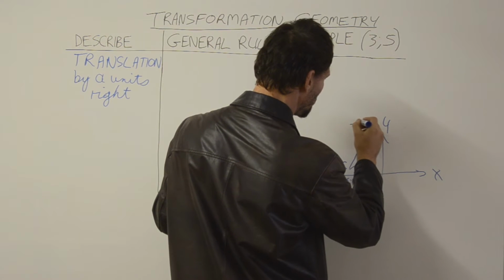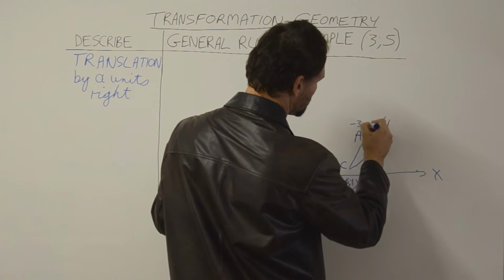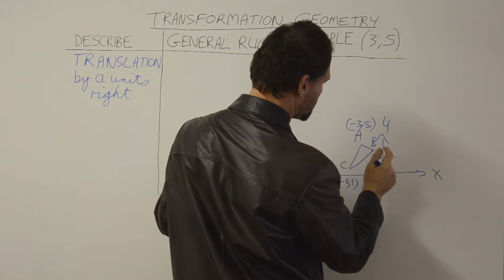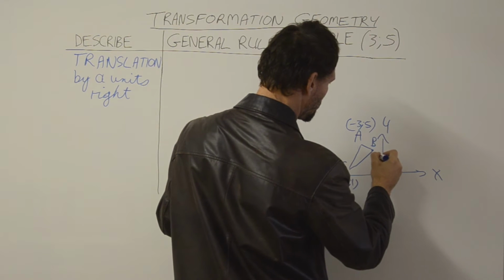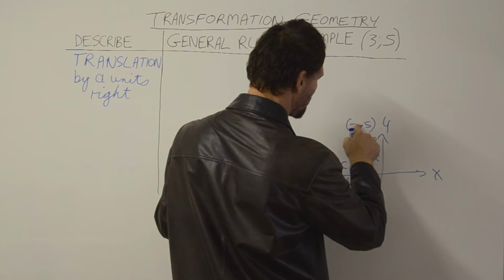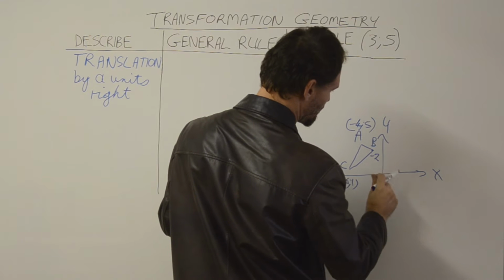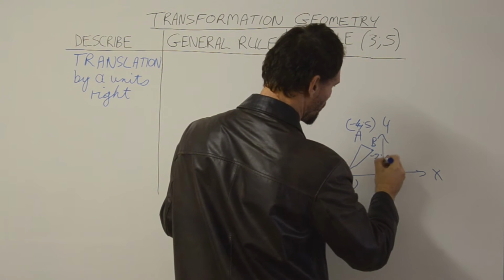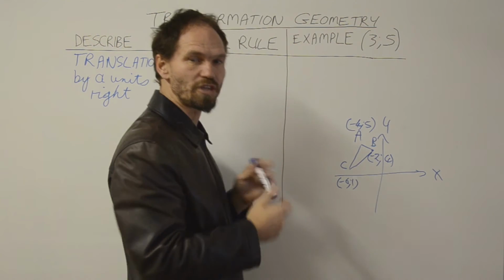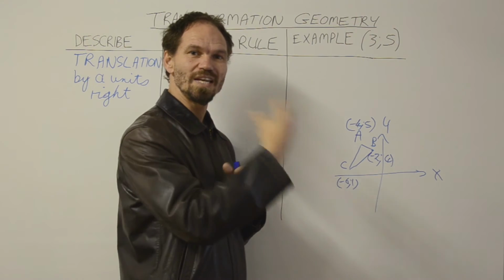That's -3 and, I don't know, let's make it 5. And let's make that -2. Let's make that -4. Let's make it a bit nicer. -4, and let's make that -2 and 4 going up that way. That's my point B. So now I've got that shape, and I want to shift the shape, translate it.